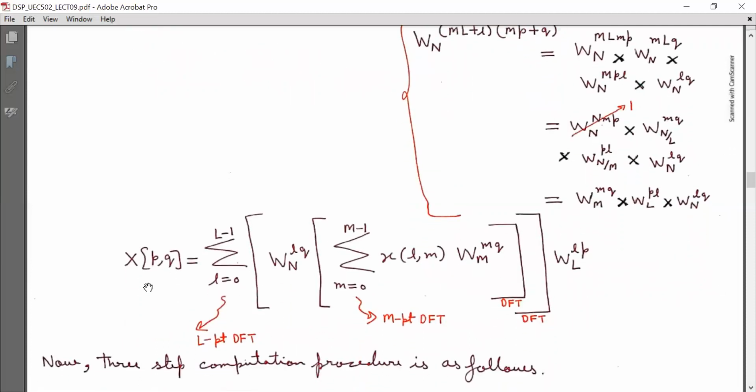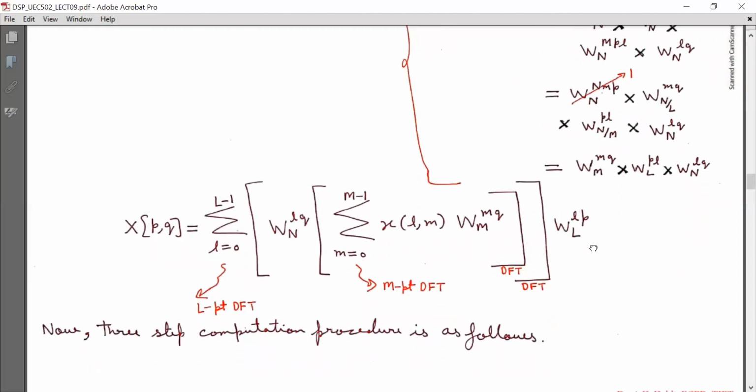So X(p,q) is equal to the summation l running from 0 to L minus 1 of a bracket, W raised to power lq with base N, and inside there is a DFT with summation m running from 0 to M minus 1 of x(l,m) W raised to power mq with base M. And as shown, there is one more factor, W raised to power lp with base L. Clearly observing, the innermost bracket contains an M point DFT.